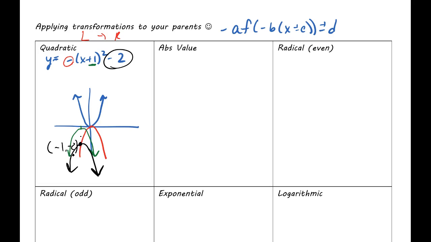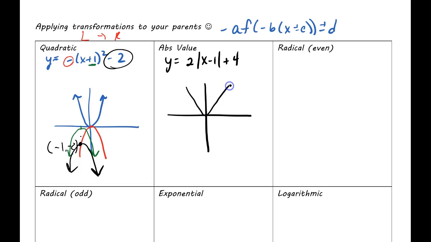Okay, absolute value. So let's make up a function that has an absolute value in it. Maybe it's y equals 2 times the absolute value of (x minus 1), plus 4. Now we know it's absolute value because of those bars. So we should start with the absolute value parent, which looks something like that. Now I'm going to go left to right.